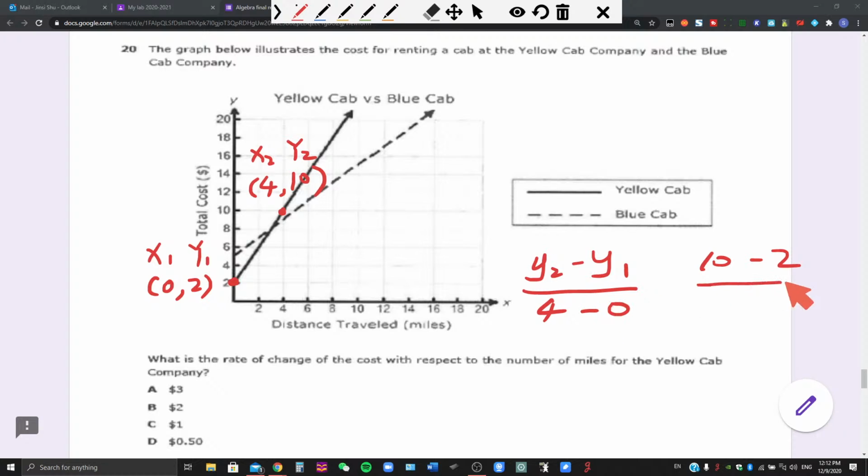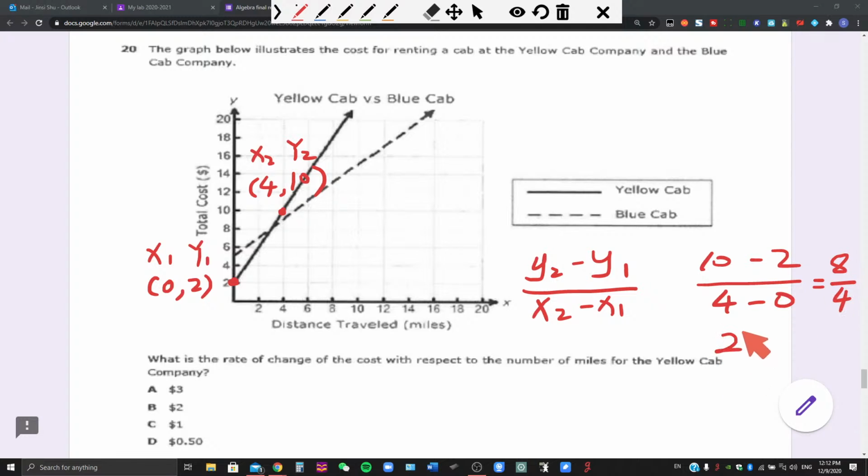I'm sorry, I should write it here. The formula is x2 subtract x1. So on the top, it's going to be 8. At the bottom, it's going to be 4. So 8 divided by 4, that's a 2.